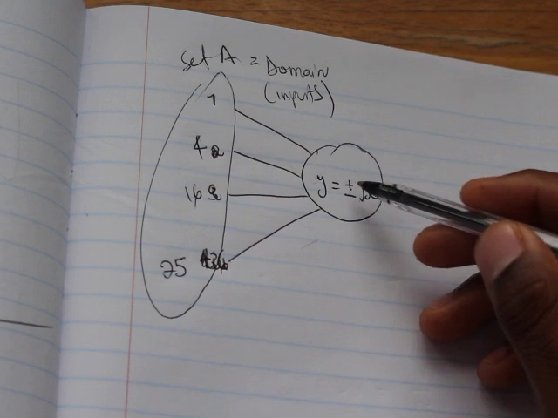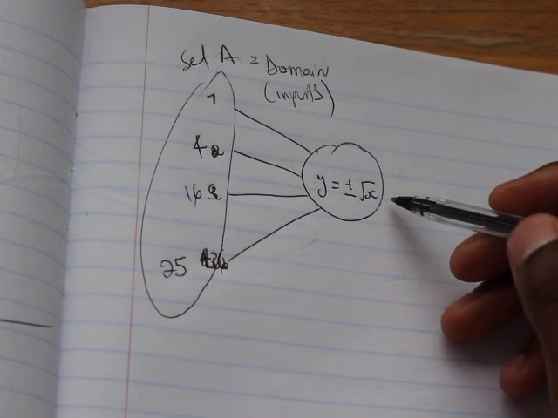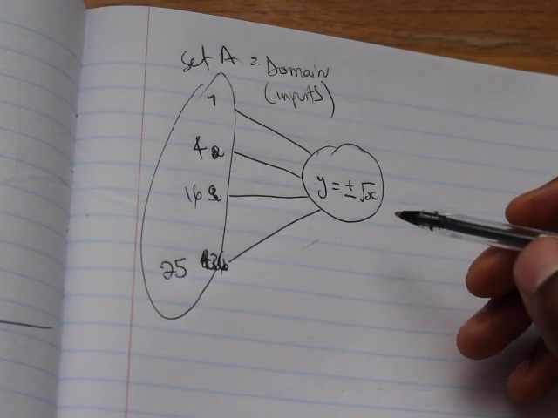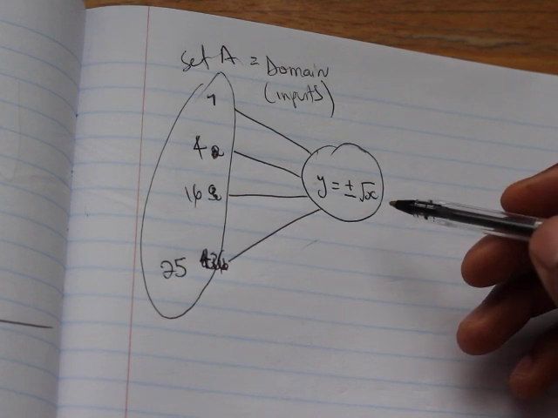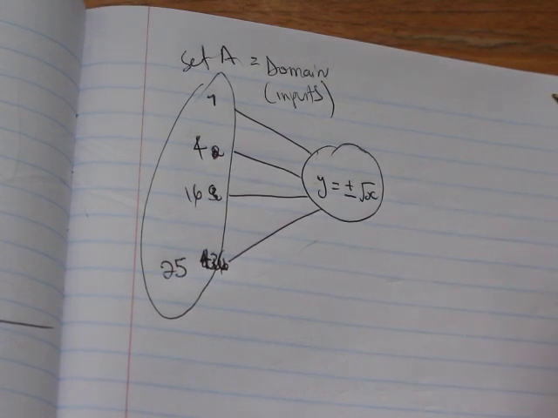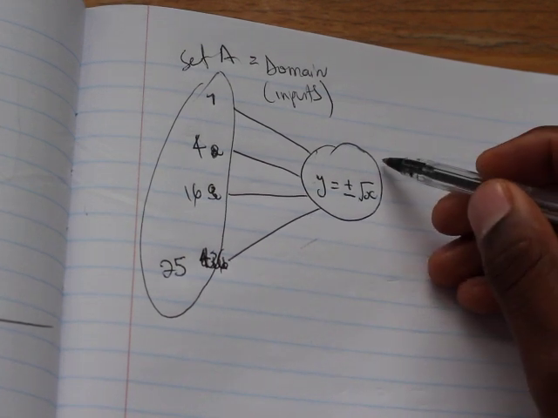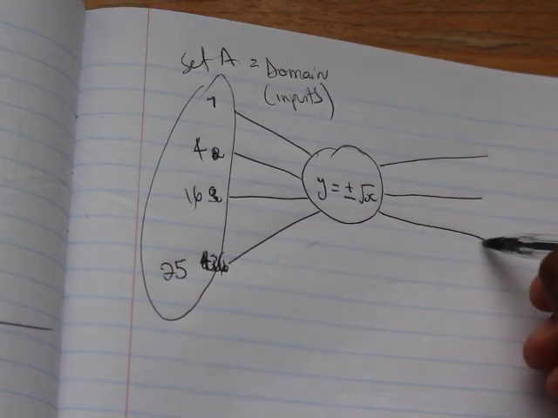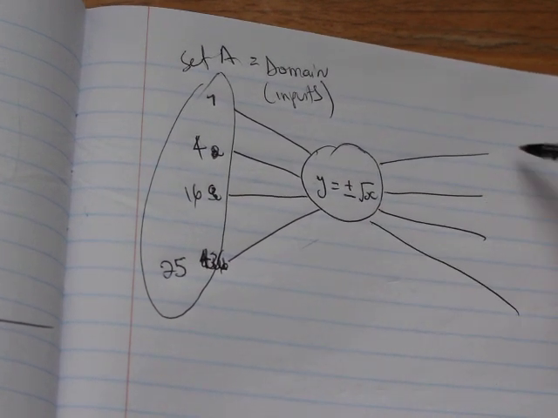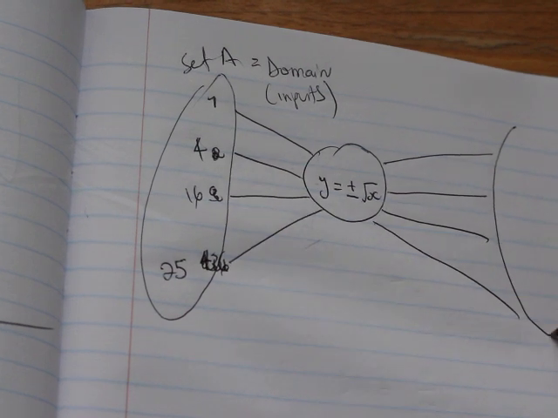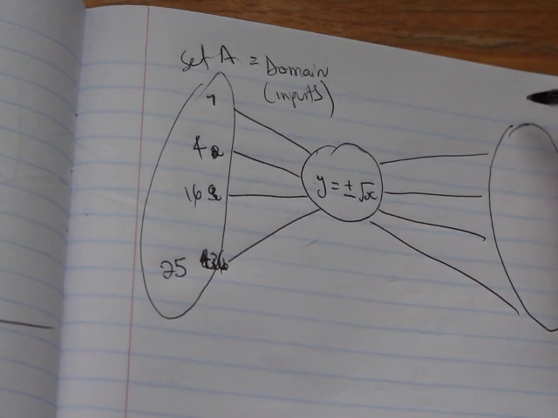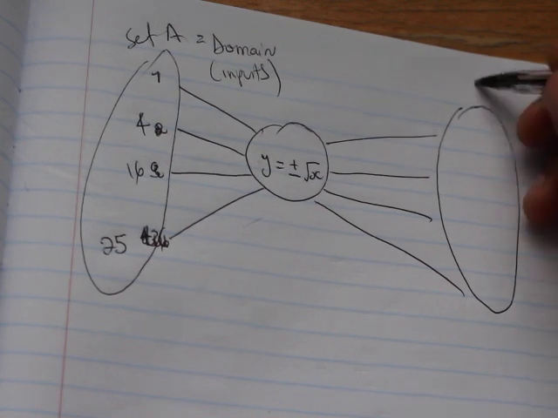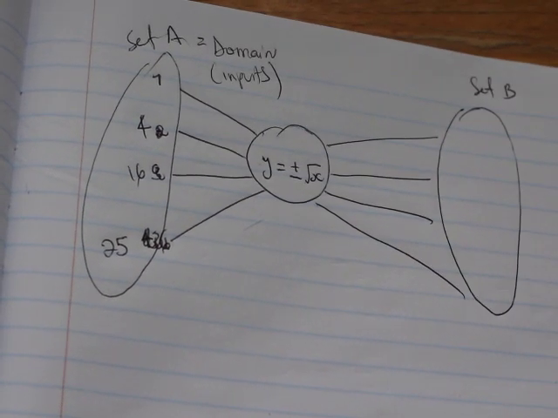You get plus 1 and minus 1, right? In other words, now we've got 2 corresponding y values. So we're going to have this 1, 2, 3, 4. So there's our set B.